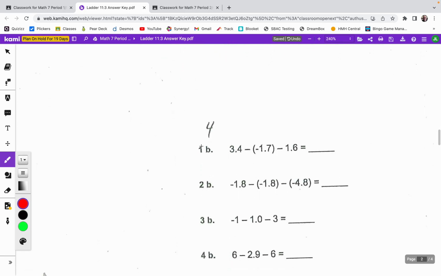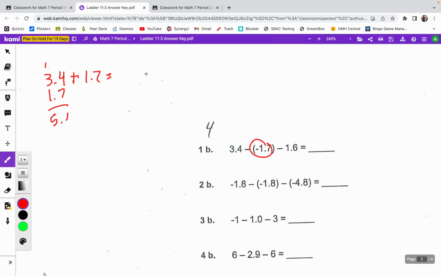Step 4. 3.4 minus a negative 1.7 is the same as adding the opposite of negative 1.7. The opposite of that is 1.7. So I'm going to do that first, see what I get. I'll just add it right here, 5.1.